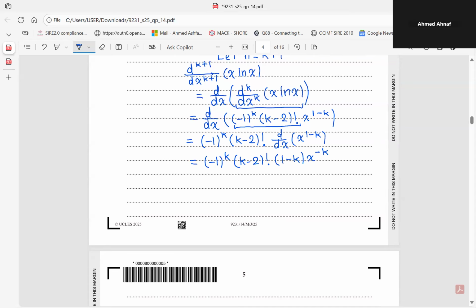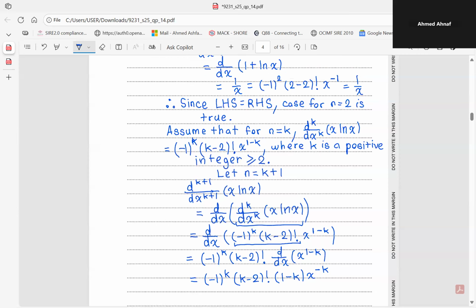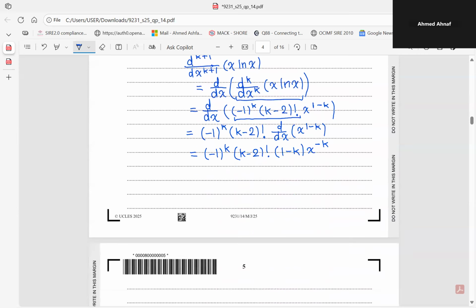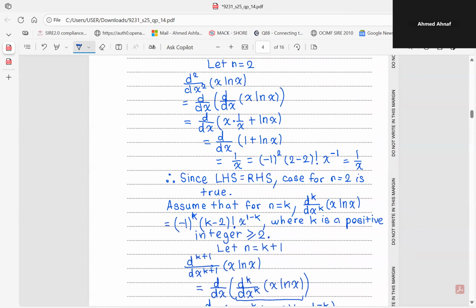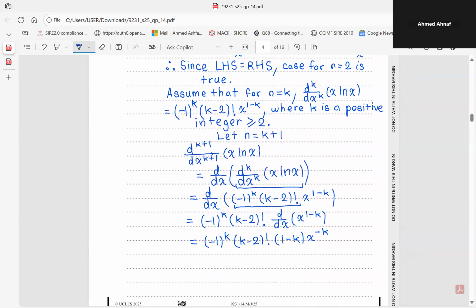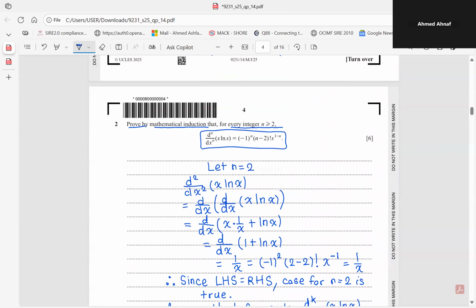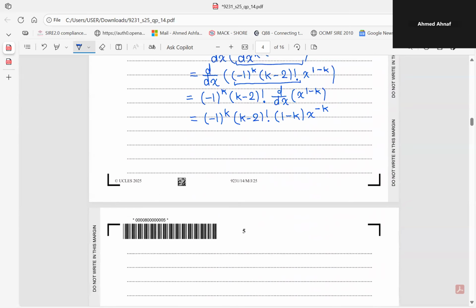And now, let's see. Our aim in here is to manipulate this such that it is in this exact form, so instead of n, every term would be replaced by k plus 1. That's our main goal here.